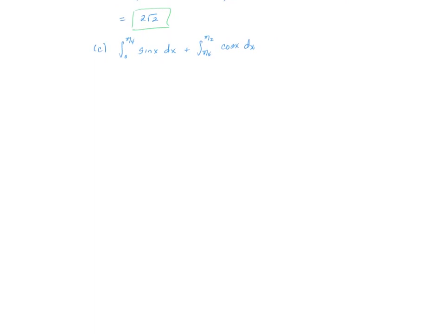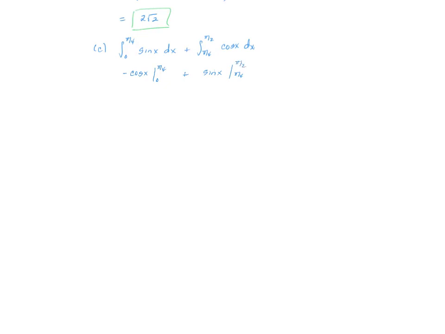And this becomes negative cosine, evaluated from 0 to pi over 4, plus cosine is sine, evaluated from pi over 4 to pi over 2.